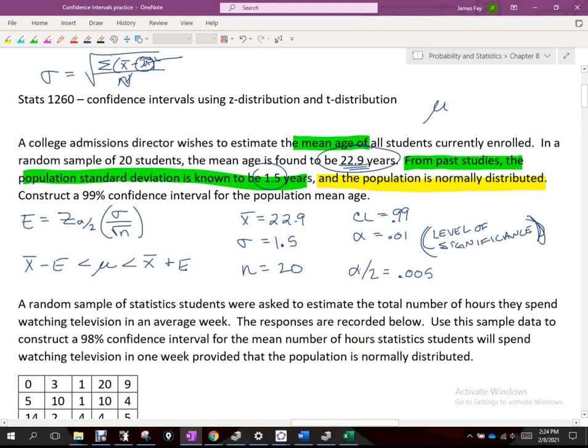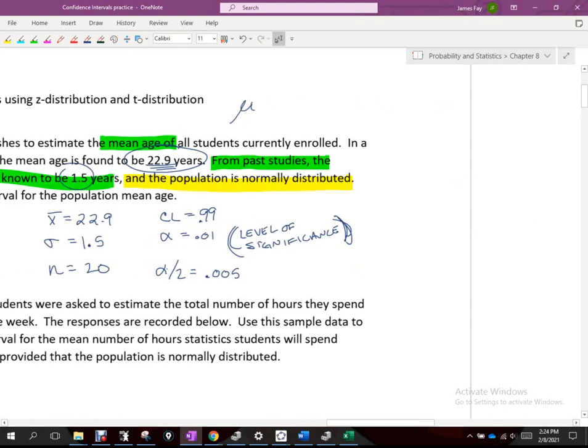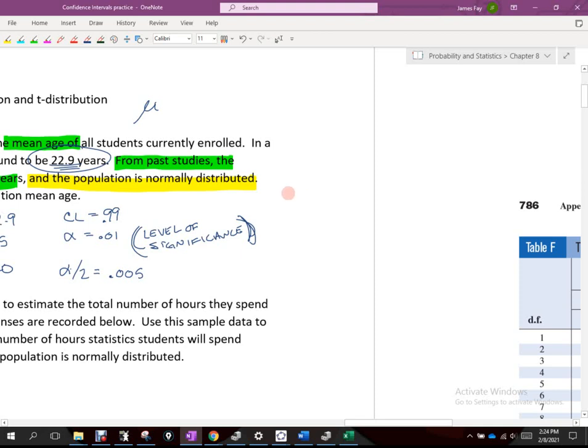Now, think about what we are doing and what these values mean for finding our Z value. We want the central 99% of our data. So let's say this thing here is mu. We're trying to estimate mu.